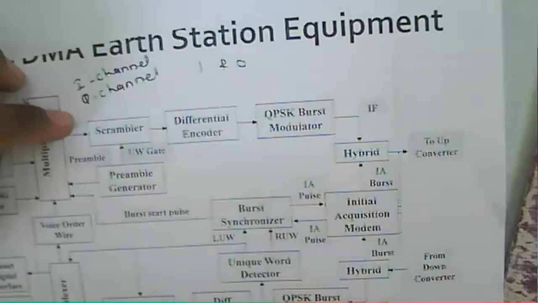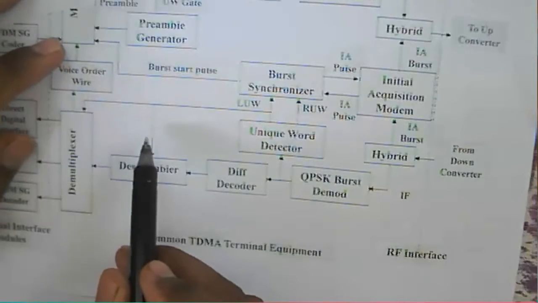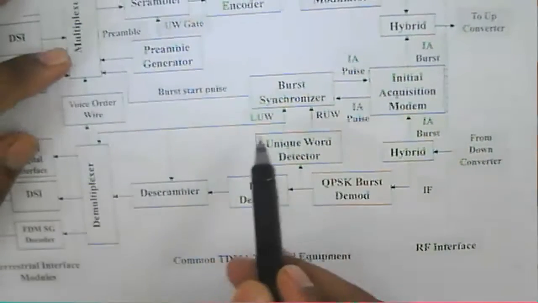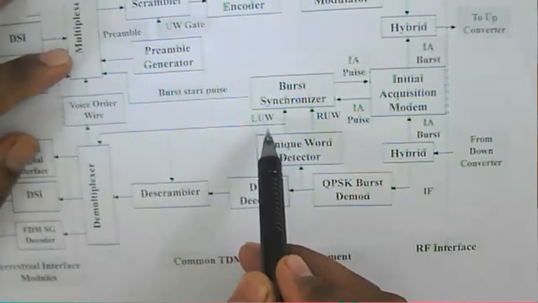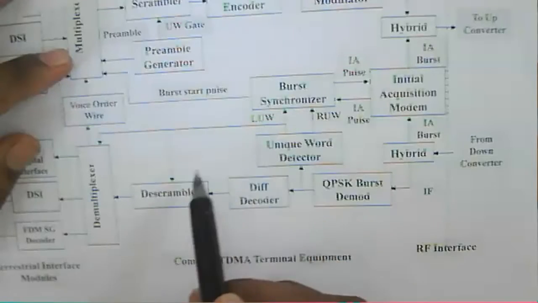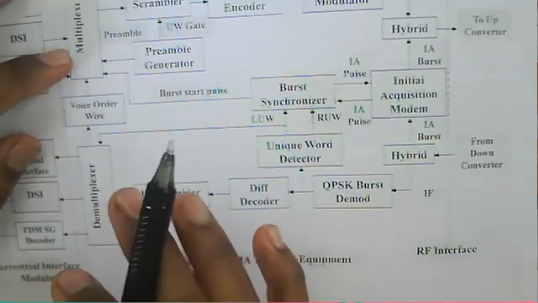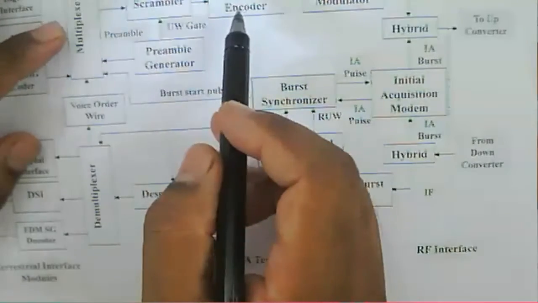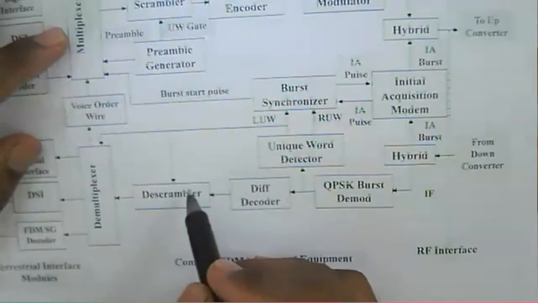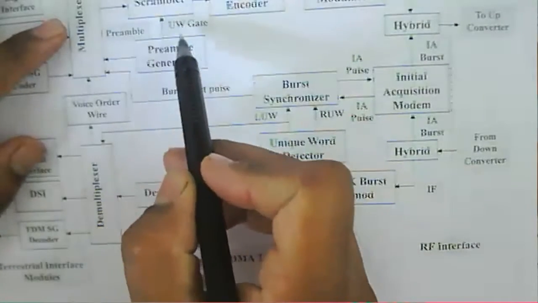At the receiver side there is a descrambler, and synchronization from this will be difficult. This is the UW, the unique word at the reception. So we can say that the scrambler at the transmit side and the descrambler at the receiver side will start from this particular unique word.